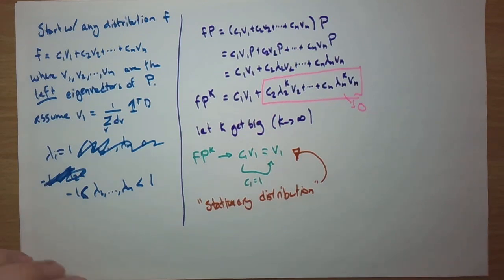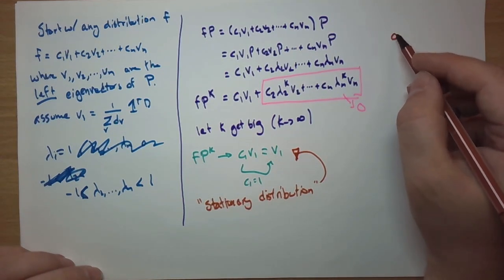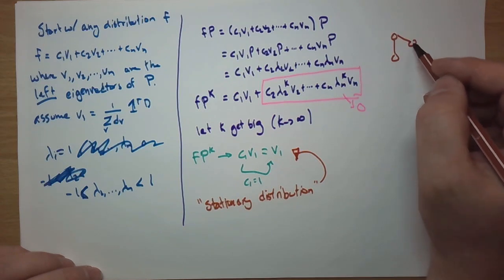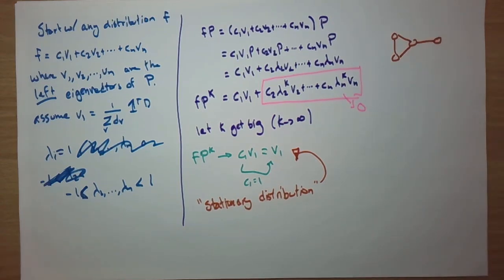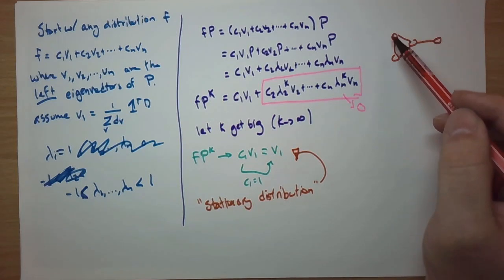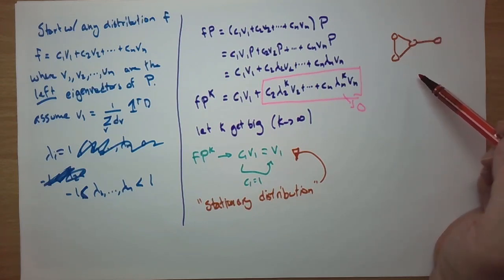So let's suppose we now apply our great knowledge to a graph. We'll do the PA graph. I claim we can compute the stationary distribution of the PA graph. First off, what's our sum of degrees? 8.